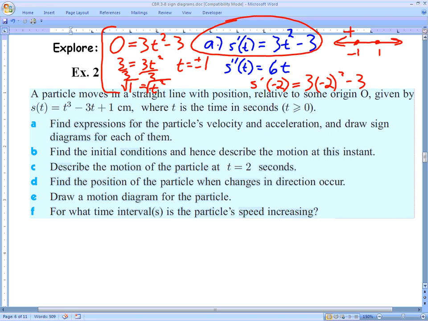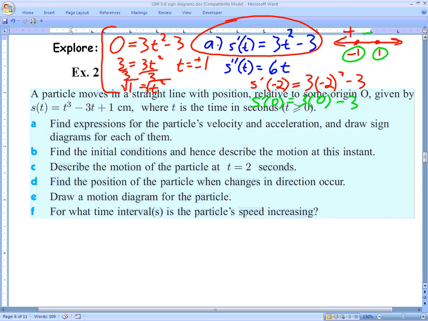Now about a number between the -1 and the 1 on the number line. Again, where am I getting -1 and 1 from? Right here, -1 and 1. Let's pick a number between there. Well, that's the greatest number of all to plug in, 0. If I plug a 0 into this function, I would have s prime of 0, which equals 3 times 0, which is 0, minus 3, which is negative. So in between here, I get negative values.